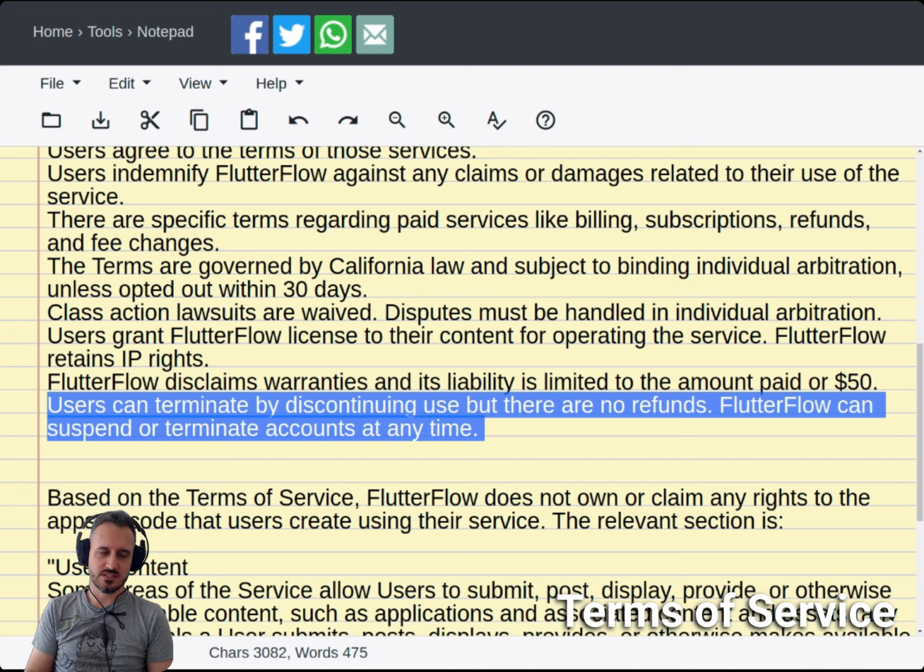What this is saying is that you can stop using the service, and that means Flow is not obliged to give you back the money if you stop using the service but, for example, continue paying for it, which I think is a normal kind of terms and conditions.